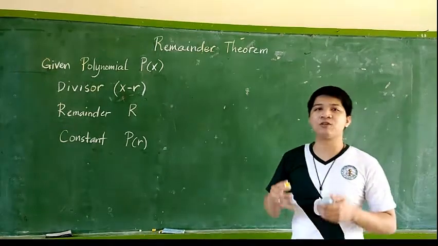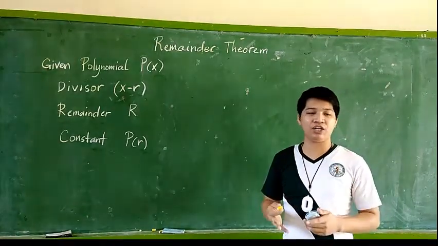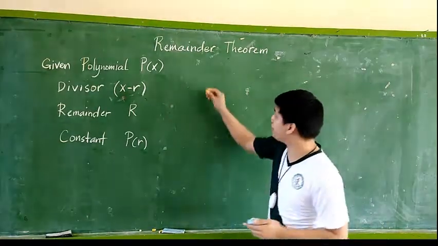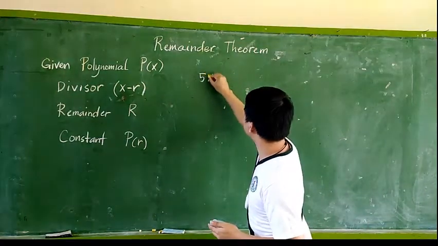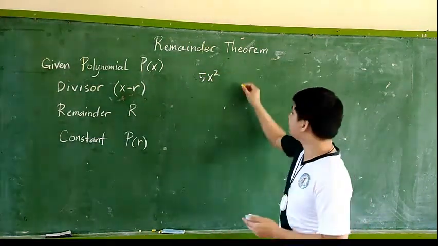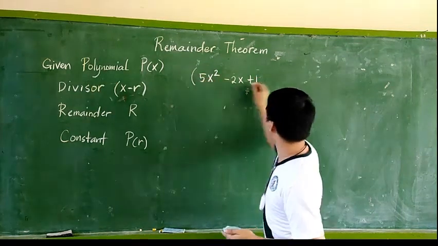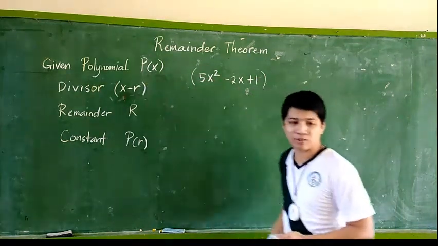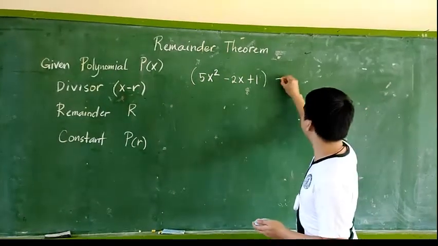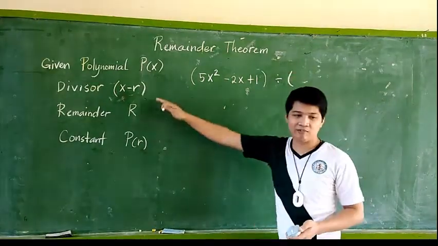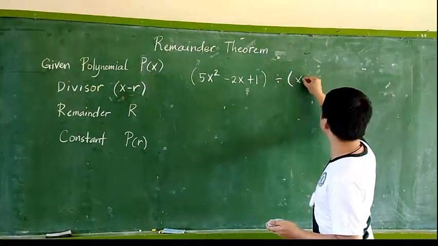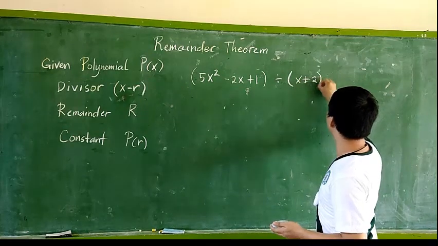What if you are asked to find the remainder when 5x squared minus 2x plus 1, that's our given polynomial, our p of x, is divided by x plus 2, our divisor?